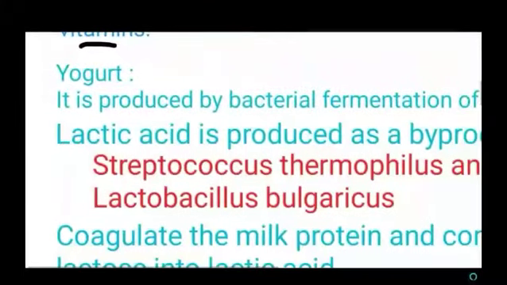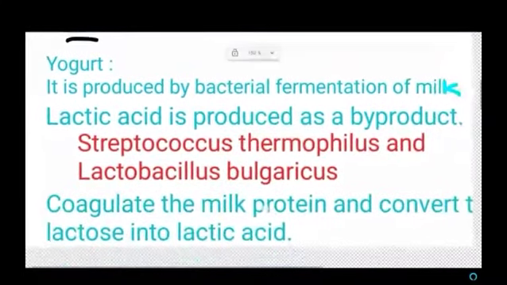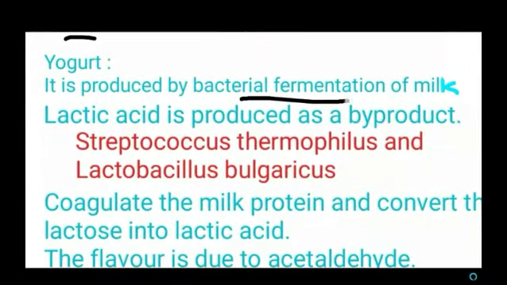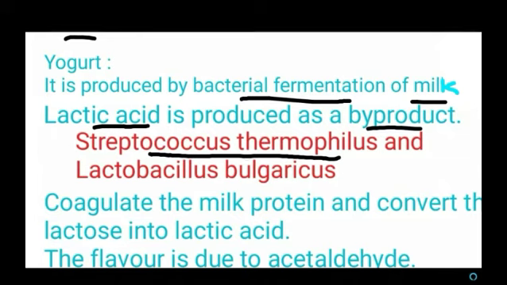Then yogurt. Yogurt is produced by bacterial fermentation of milk. With the help of bacteria, the milk gets fermented, and at that time it produces lactic acid as the byproduct. The microbes involved in the formation of yogurt are Streptococcus thermophilus and Lactobacillus bulgaricus.